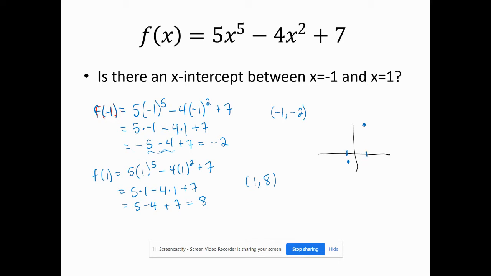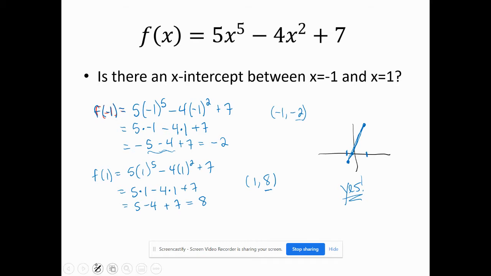Well, there must be, because the only way these two points can connect is if we cross the x-axis somewhere. So I'm going to say yes, there is an x-intercept because the y value went from negative to positive. It switched signs. And that's really the heart of the intermediate value theorem. It basically says that if the y coordinates switch, there must be at least one x-intercept.